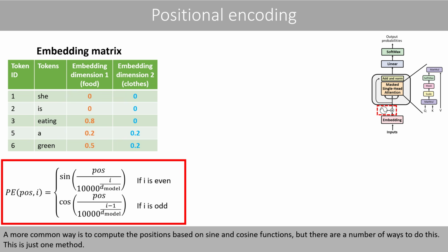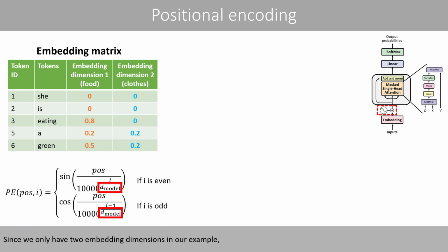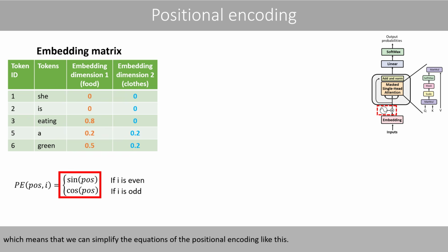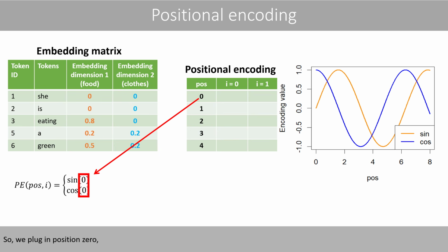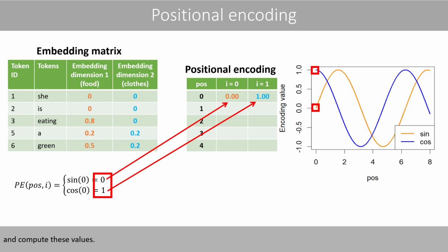This is just one method, since we only have two embedding dimensions in our example. An i starts at 0 and is increased to 1 for the second embedding dimension. The exponent will here be equal to 0, which means that we can simplify the equations of the positional encoding like this. So we plug in position 0 and compute the values.